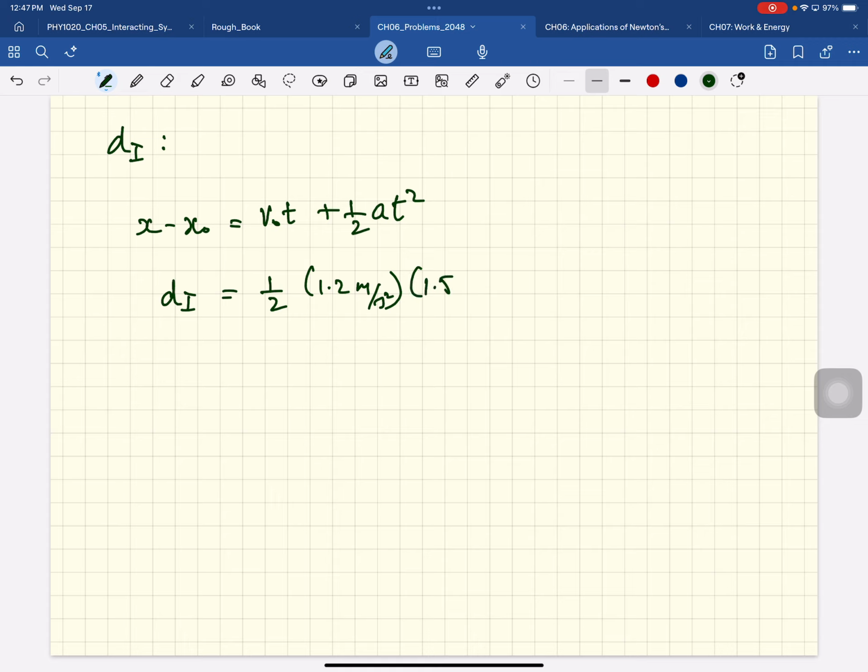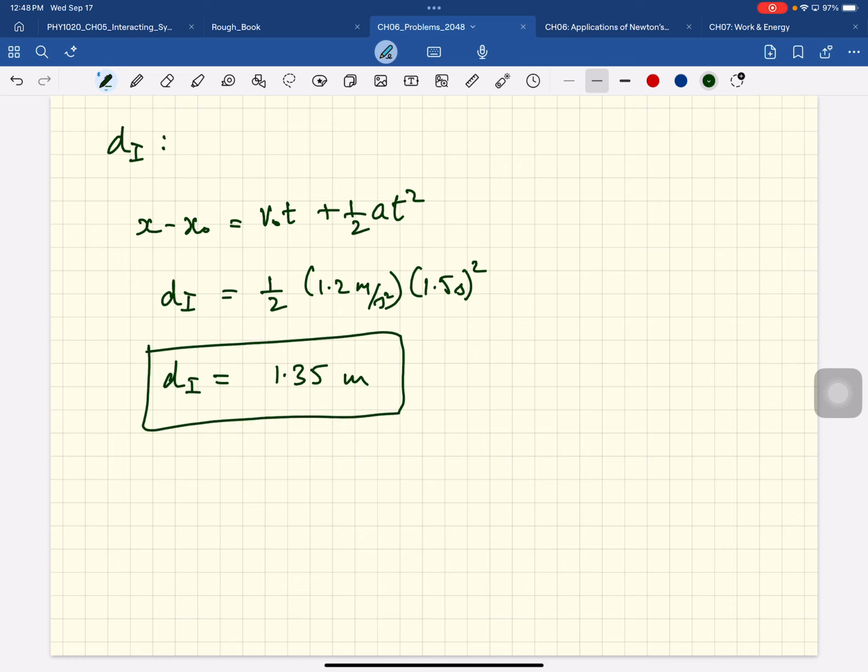And the time was 1.5 seconds. So 1.35 meters. So roughly just 4.5 feet. So the elevator accelerates roughly your height for that amount of time.